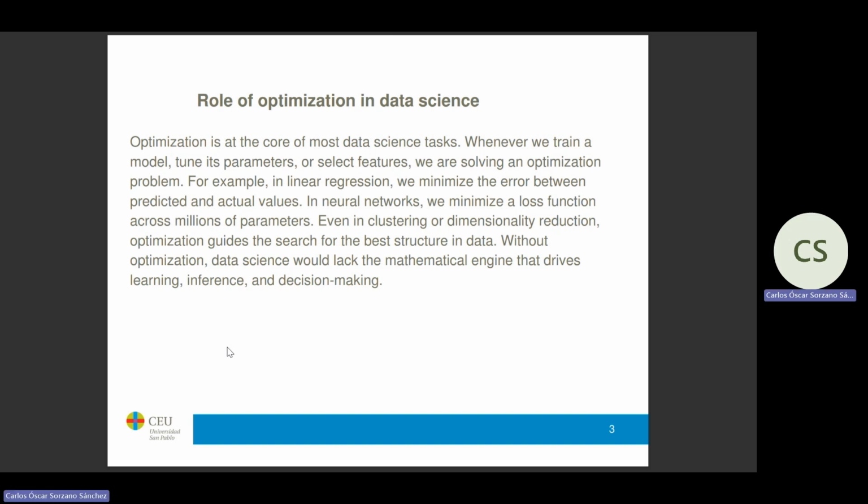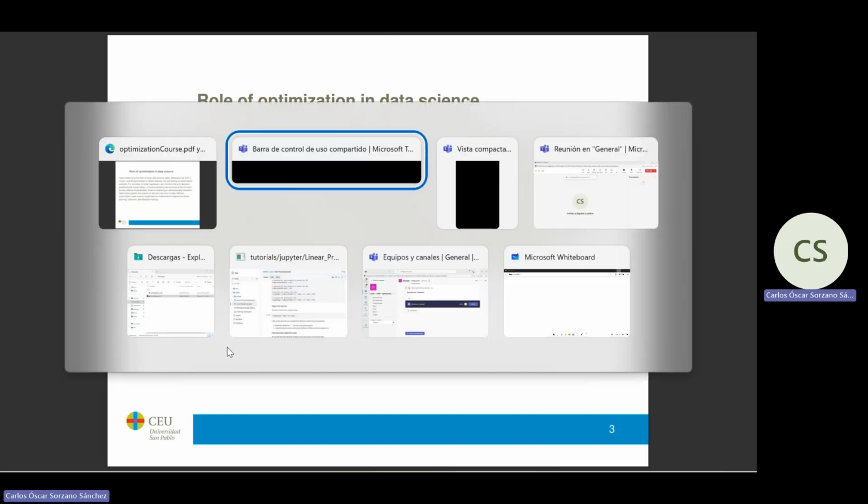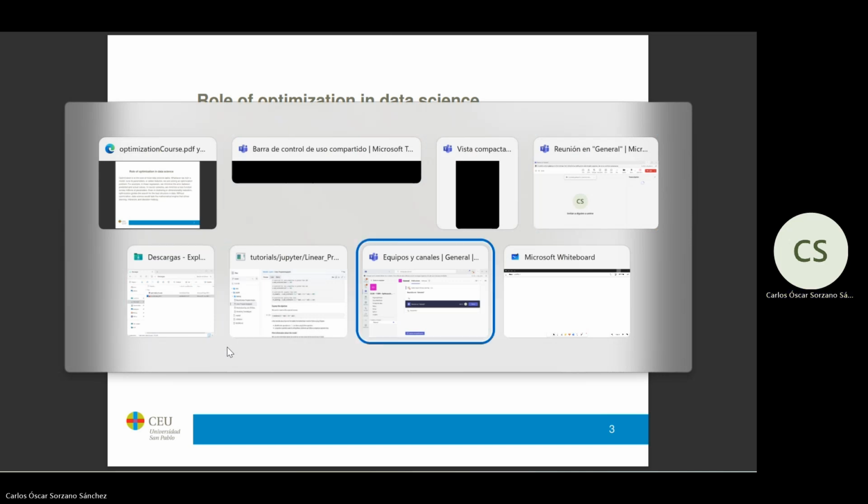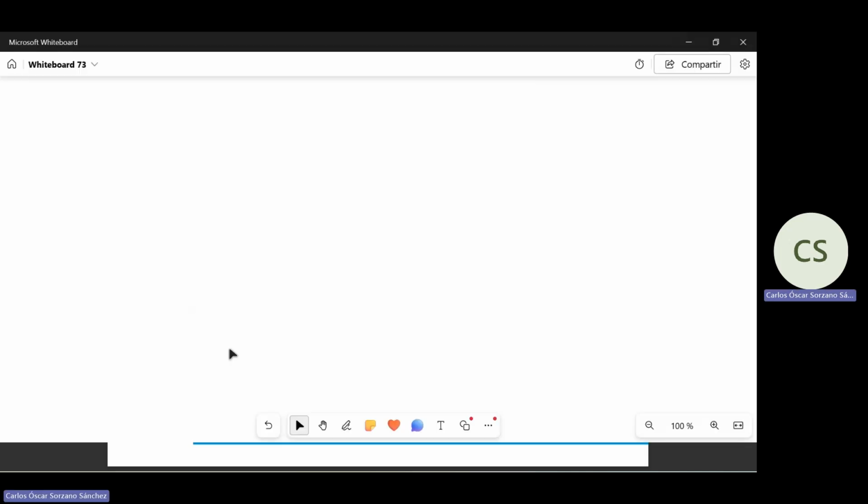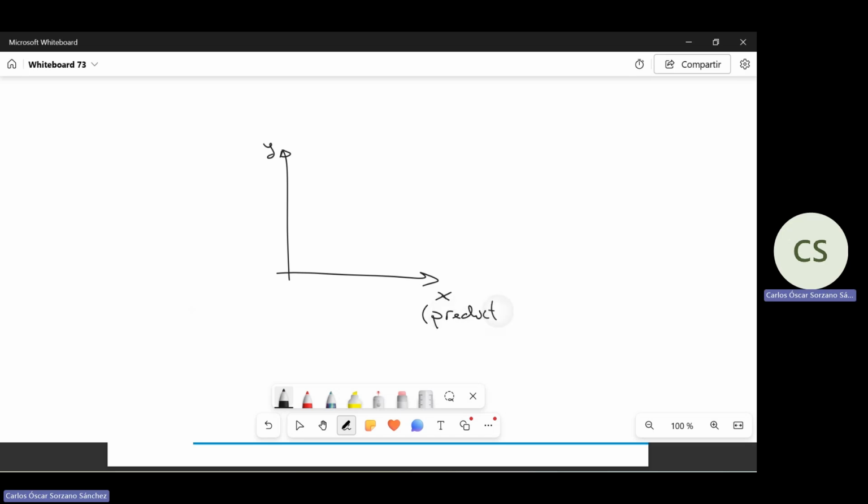For instance, in linear regression, you know what linear regression is. So probably it's useful to have some drawing. In linear regression, you are given a set of points. Let's do it in one dimension, that is easier. You have some predictor variables, the input, and this is the output for the input.